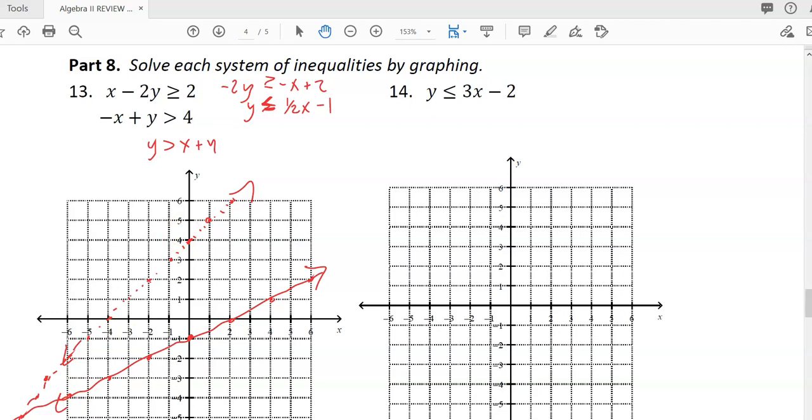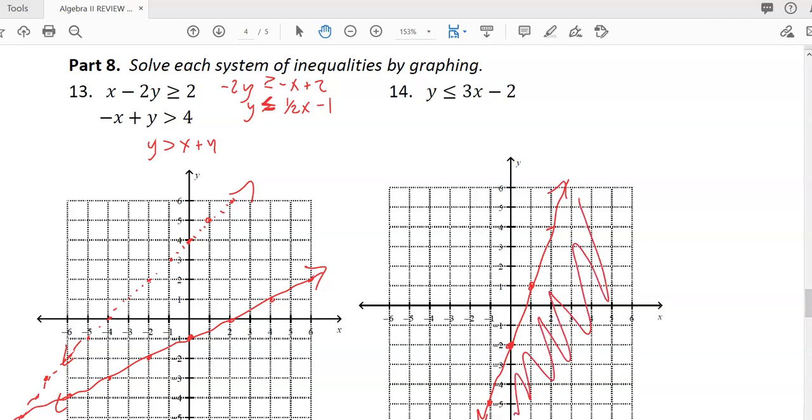So let's go to 3x minus 2. Slope is 3. Looks a lot like one that we just did. 1, 2, 3, up. And down 3 over 1 the other way. Solid line, because it's equal to. And less than, so we shade below. If you're not sure, you can always test a point.